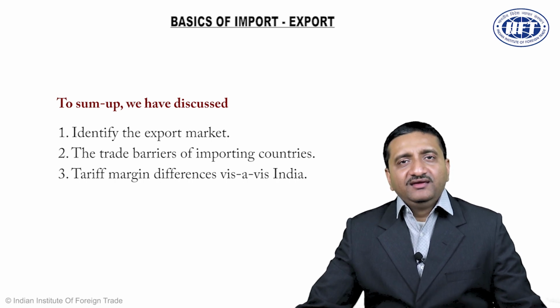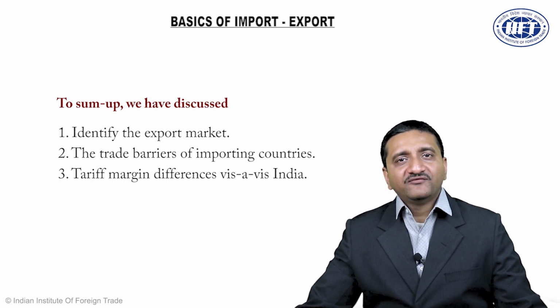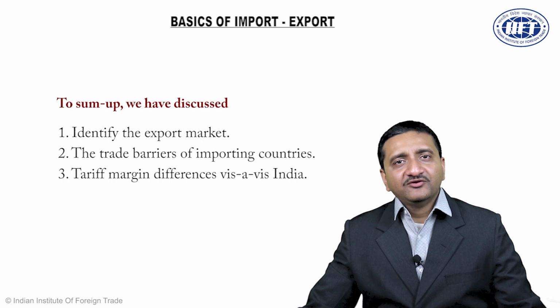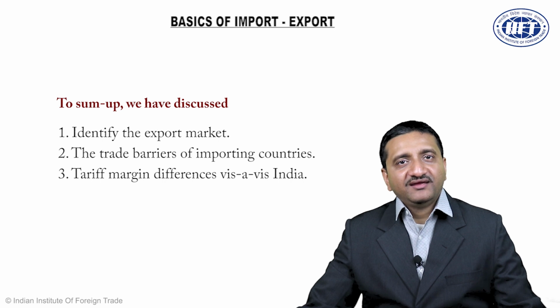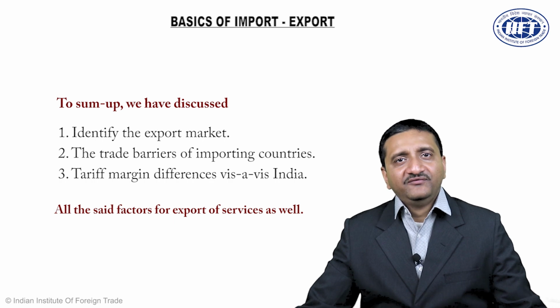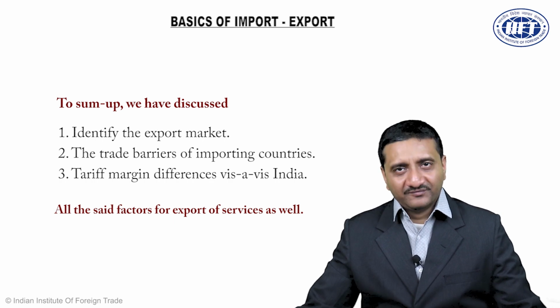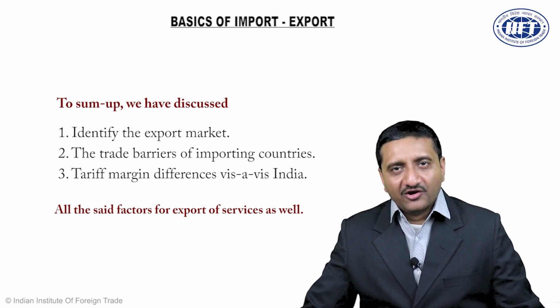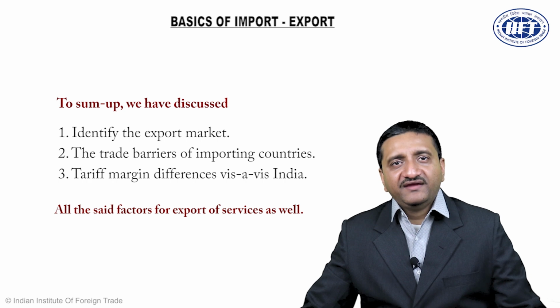We also checked, in case you are trying to export a particular service in a market, what form of trade barriers are being imposed on your service in the importing country, and if you compare more than one country, which country might be more stringent in terms of trade barriers. So accordingly you can strategize which country to fast track for export and which country might be taken up in the long run. This should be a very important lesson for conducting export business.